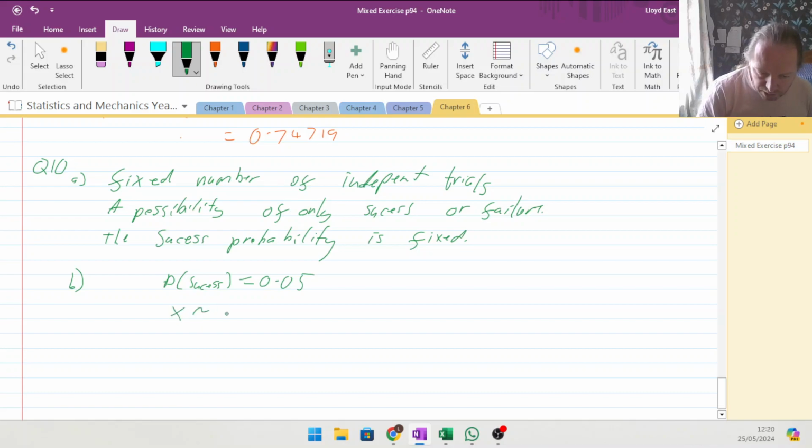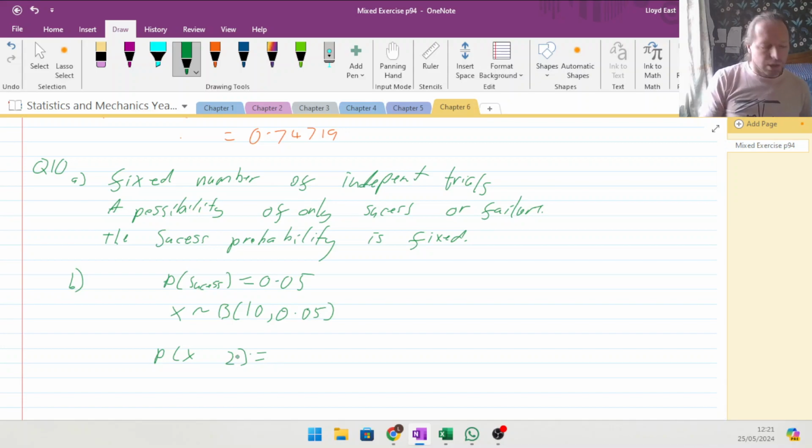So we've got a binomial distribution. We have taken a sample of 10. We have a probability of success of 0.05. And we want to look at the probability that X will be 2, and it will be at least 2.